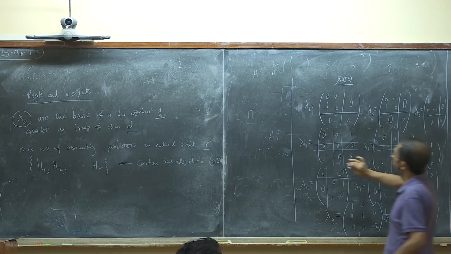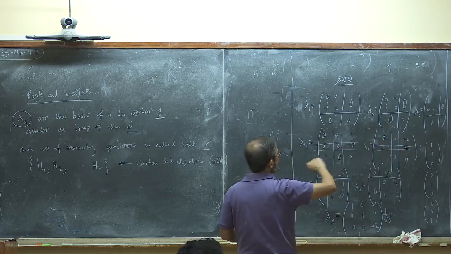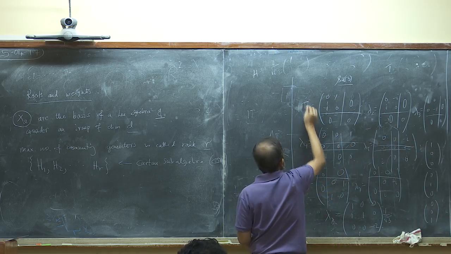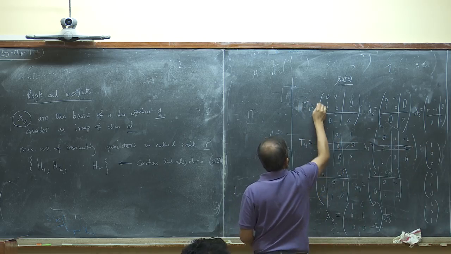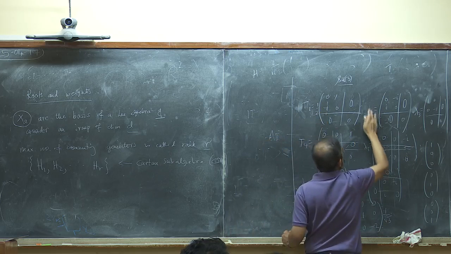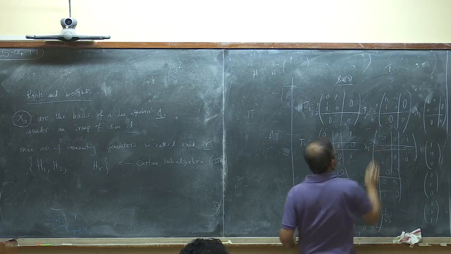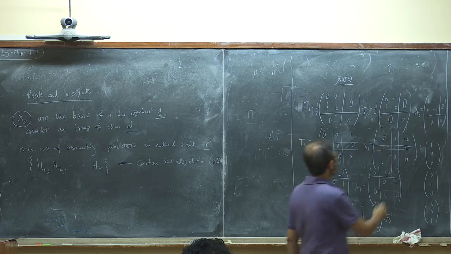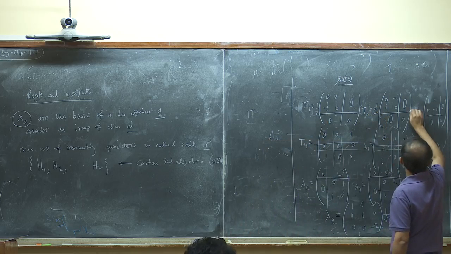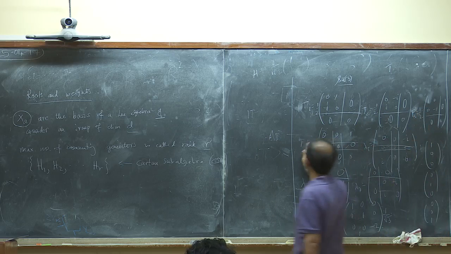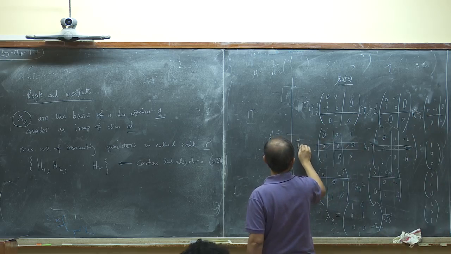By the way, there is another notation that is used, which is that these are called the T's. The T's are half of the lambdas, just for some more conventional normalization. So all the T's are half of the original Gell-Mann matrices.